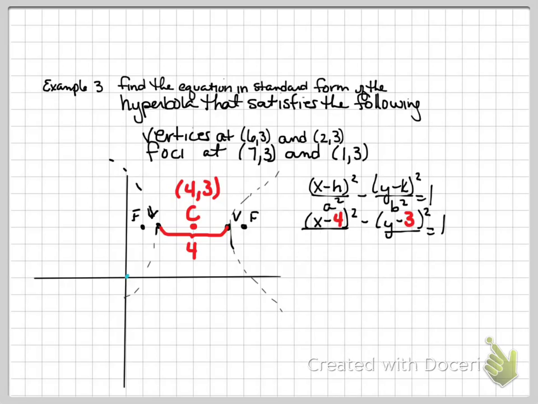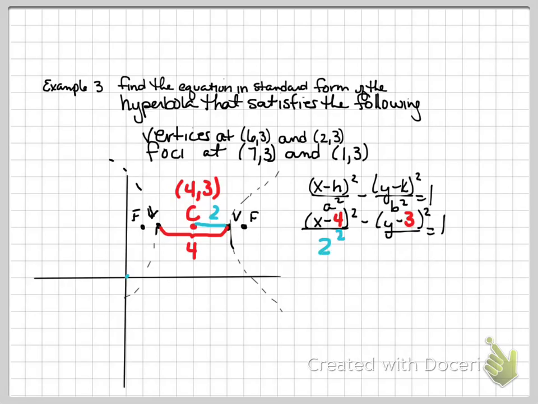Now I need to find a and b. Now if you remember your vertices, the distance from your center to your vertex is your a value. So this distance right here is 2. Well, that's my a. So that's 2 squared.